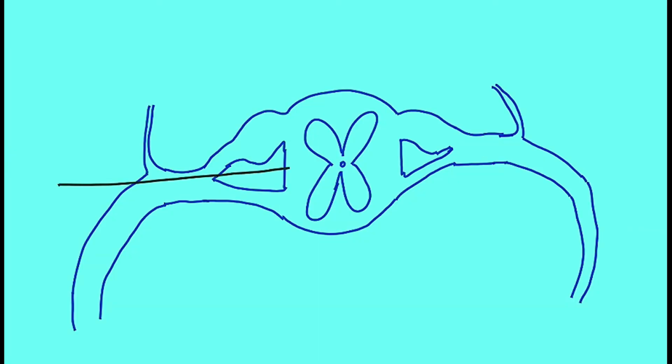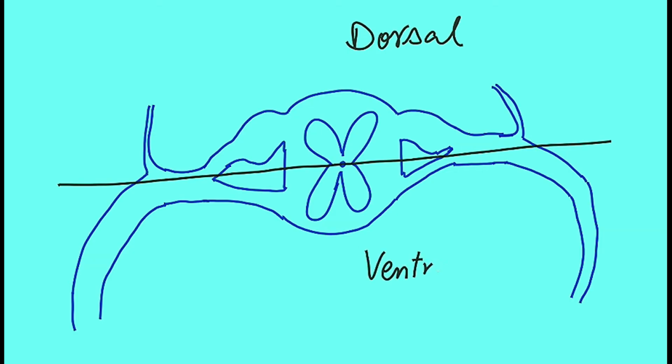If we draw a line in the center, the structures over the posterior aspect will be named dorsal, and over the front the structures will be labeled ventral parts of the spinal cord and spinal nerve.